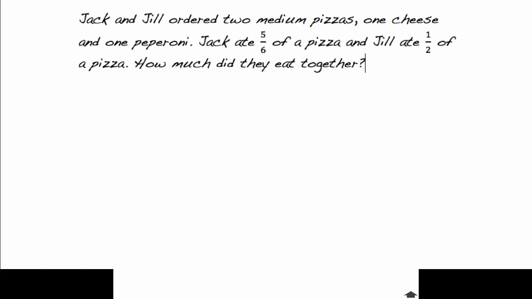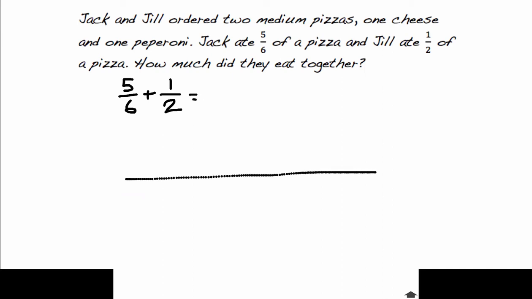Using that same problem of 5/6 plus 1/2, we can use a number line to solve. First, I'm going to start with drawing out my number line. And also notice that 5/6 is close to 1 whole.